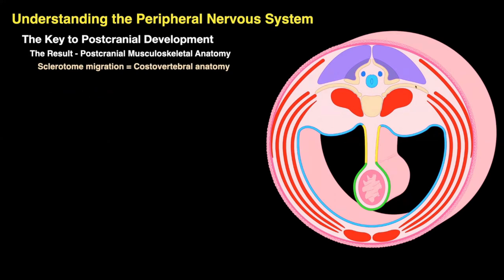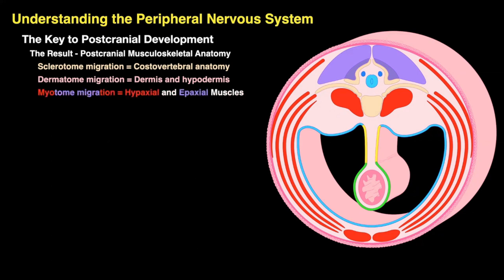At every level, you're creating your costovertebral anatomy. The dermatome migrates towards the surface, and I've represented it as this darkish pink color, sitting just beneath the stratified squamous epidermis that's developing from the ectoderm, to become the dermis and hypodermis.